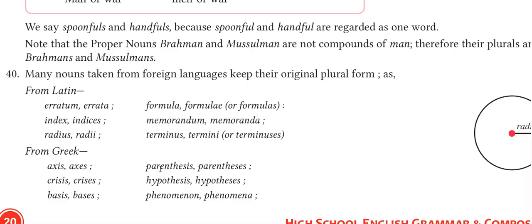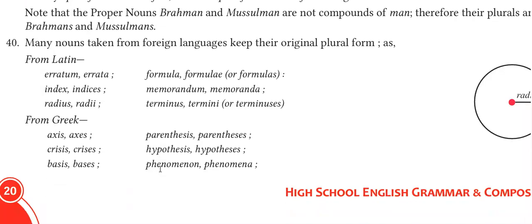Many nouns taken from foreign languages keep their original plural form. For example, formula becomes formulae, memorandum becomes memoranda. From Greek, axis becomes axes, crisis becomes crises, basis becomes bases, and parenthesis becomes parentheses.